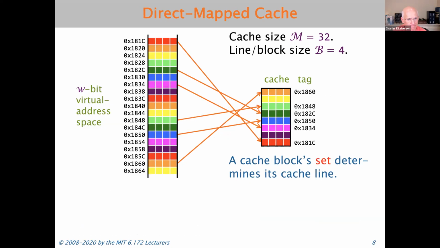At the other end of the spectrum from a fully associative cache is a direct mapped cache, which I'm illustrating here. As before, we have M over B cache lines, each of B bytes, so a total of M bytes in the cache.